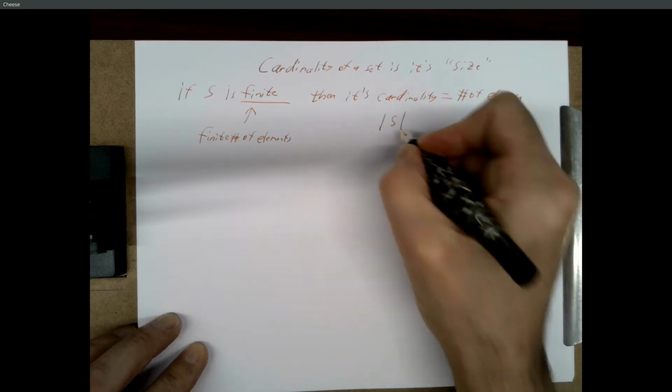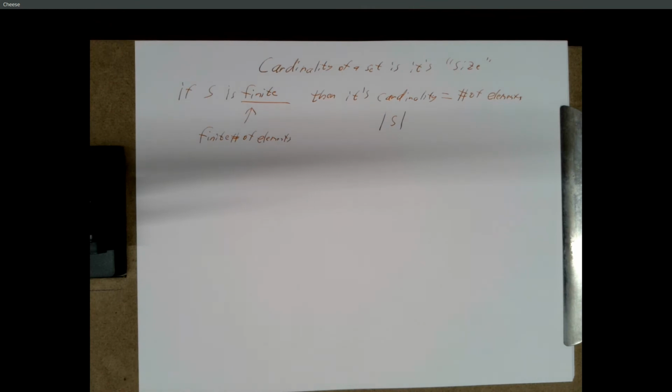And the cardinality is just written as S inside vertical bars. So for finite sets, cardinality is the number of things in the set. But that's not actually how cardinality is defined.